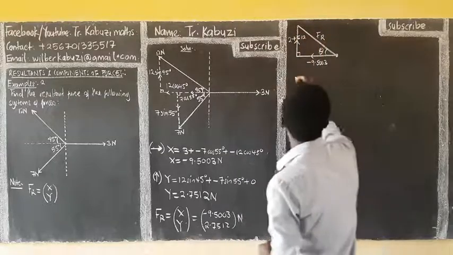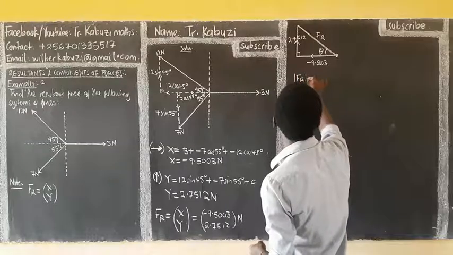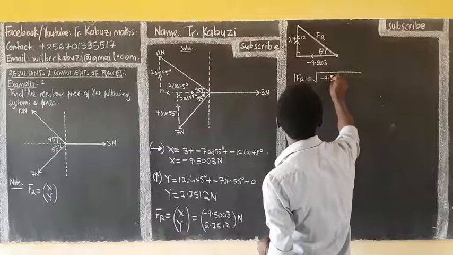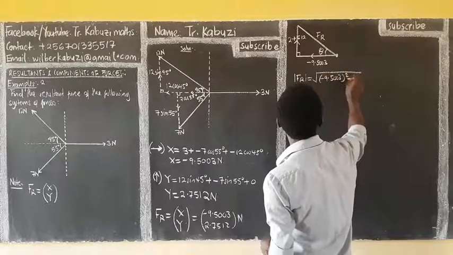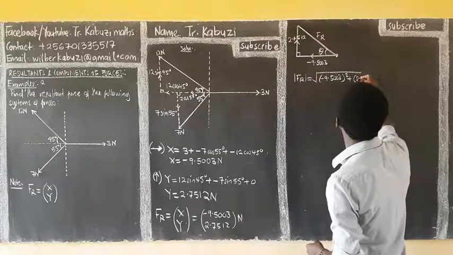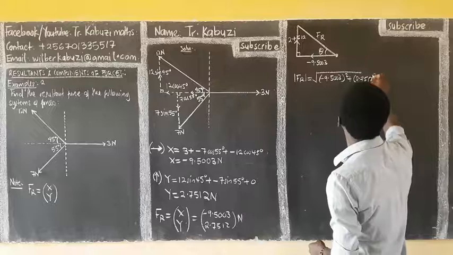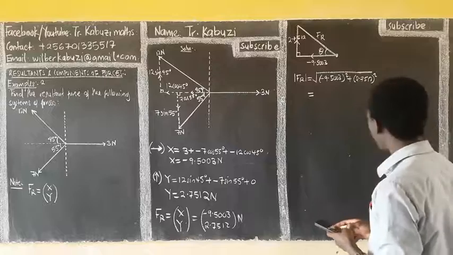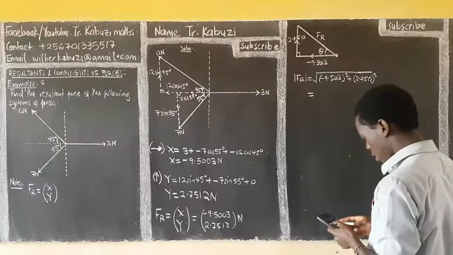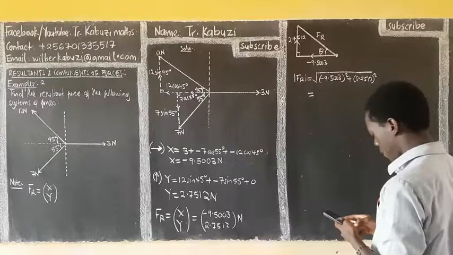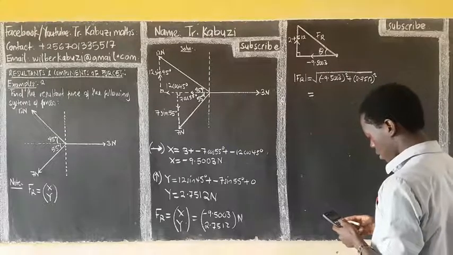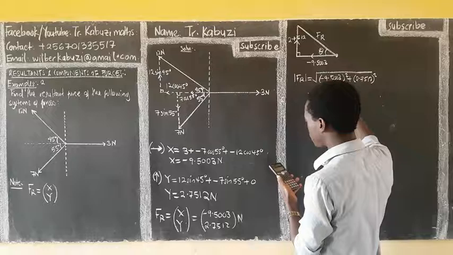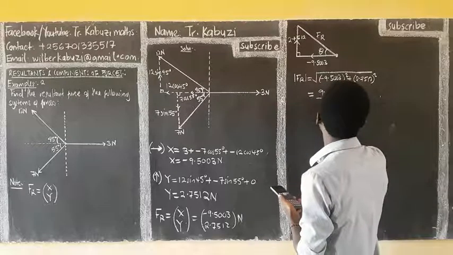So to get the magnitude of FR, our resultant force, you get the x component squared plus the y component squared. This will be 9.8906 newtons.